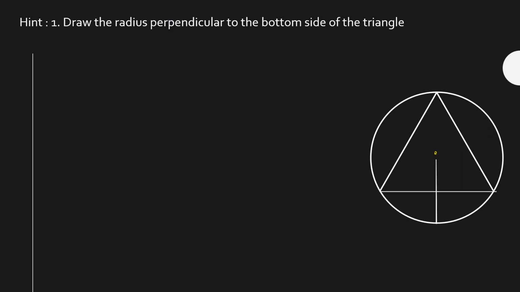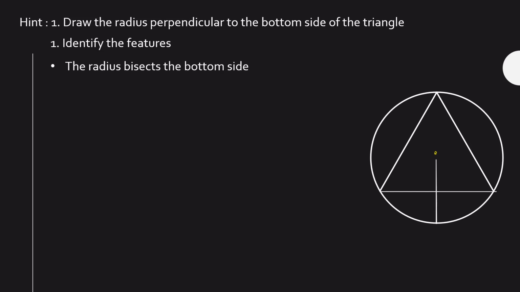Okay. Next, identify the features. That is, after drawing the radius perpendicular to the bottom side, what is the speciality of this radius and the bottom side? Yes, the radius bisects the bottom side, isn't it?